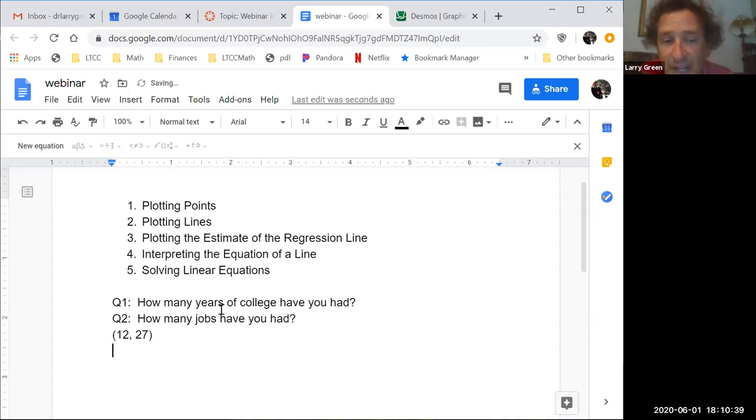The first thing I want to mention is that when you describe points, this is the notation you use, where we have two coordinates. The first coordinate we often call the x-coordinate, and the second coordinate we often call the y-coordinate.